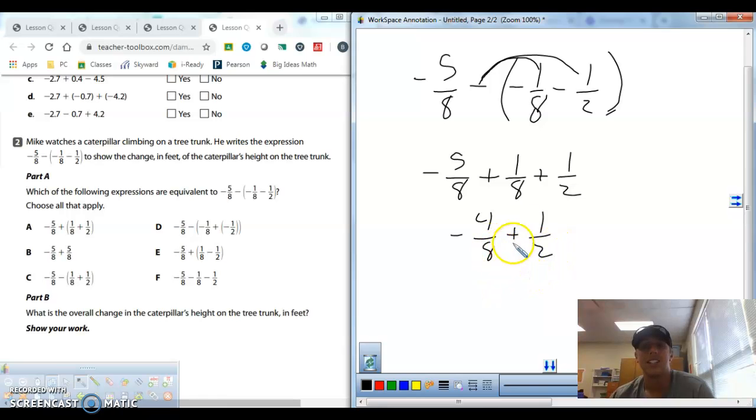Alright, in this situation, 4/8 is the same as 1/2. Now, we can't just add these straight across because we don't have common denominators, right? So, we've got to change this to negative 1/2 plus 1/2. Alright? And what is negative 1/2 plus 1/2? Well, that's 0. Okay?